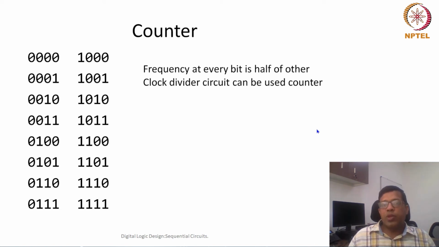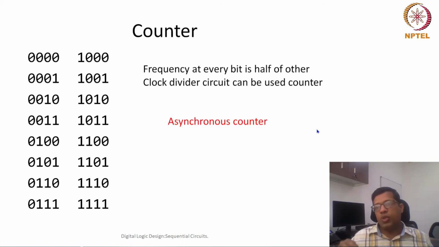Now, every time we are using the output of a D flip flop as the clock input to the next flip flop. But as I said earlier, this would be an asynchronous counter because the counting values will not be synchronous with respect to the clock. The clock is changing in a different flip flop; all the values are changing with respect to their own clock, their own time.